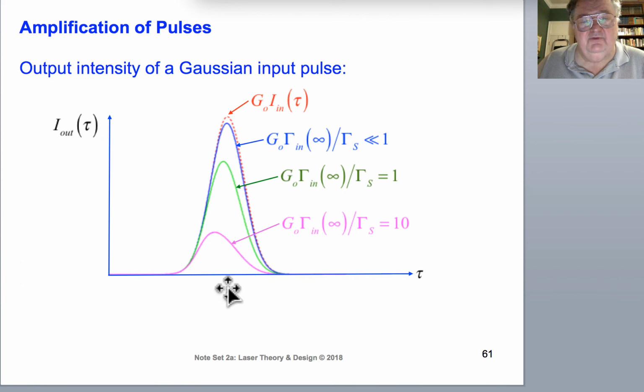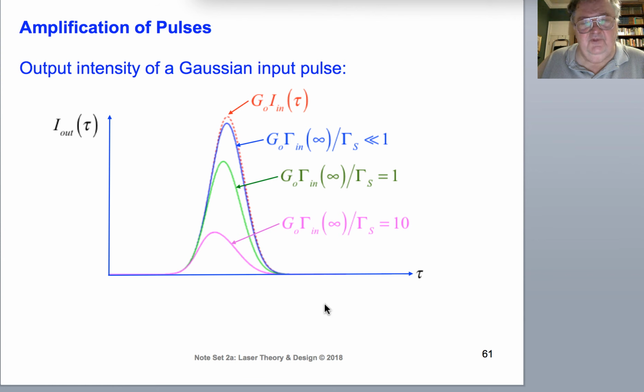You see what happens. The front of the pulse is getting more gain than the back of the pulse. Again, for the reason I said, the ones to get there first have the inversion density to get their gain from, but they burn down that inversion density and don't leave as much for what comes afterwards. So the trailing edge of the pulse gets less gain.